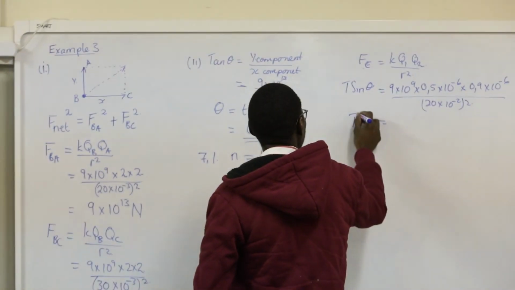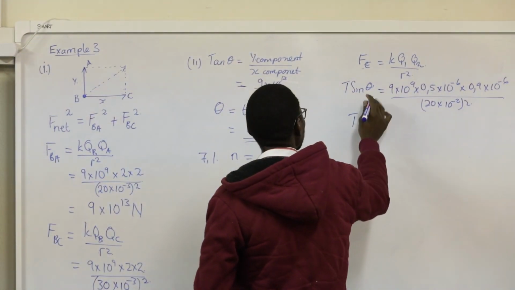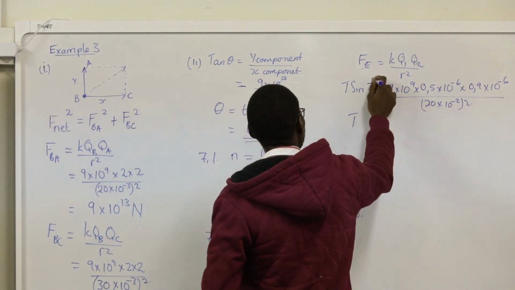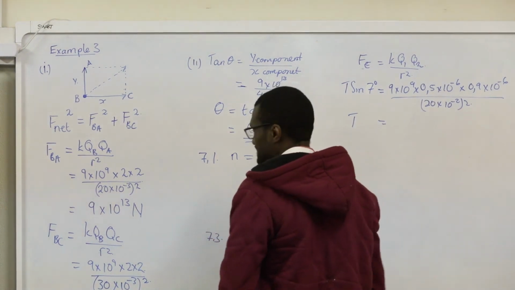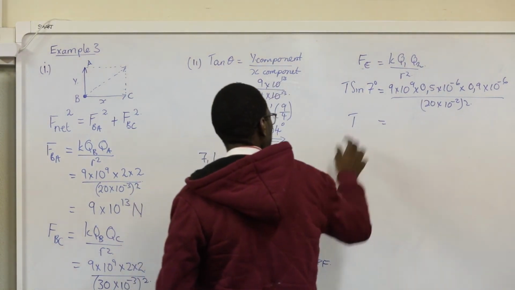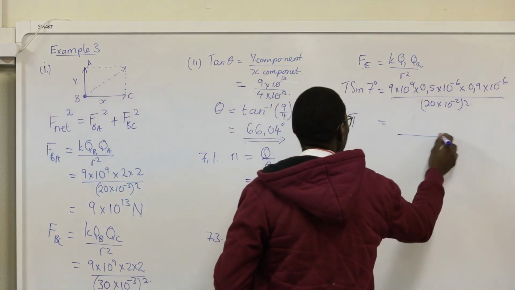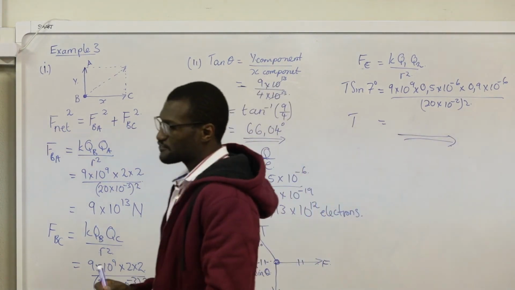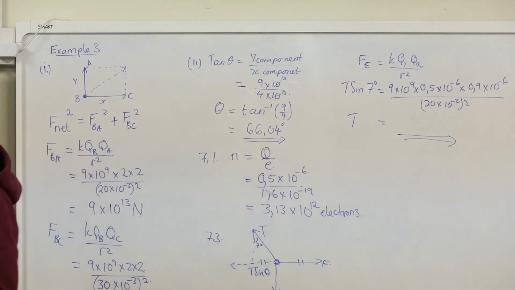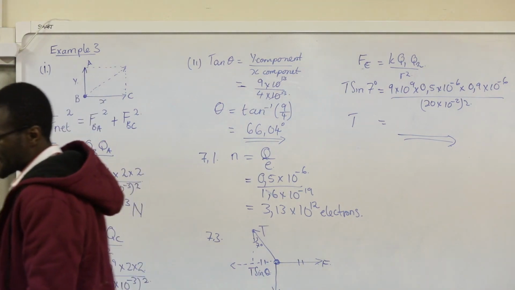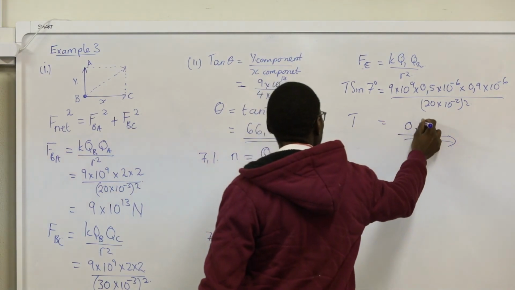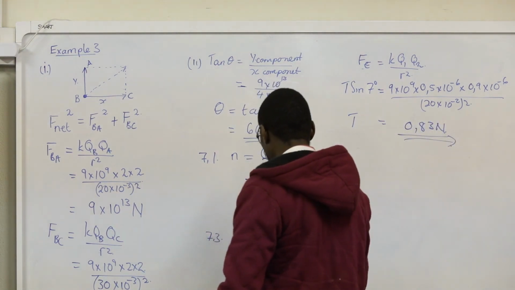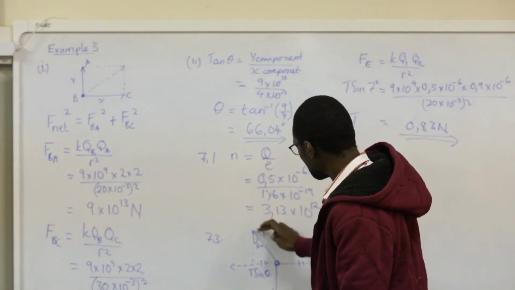So to solve for the value of T, theta which is 7 degrees, I have to divide by sine 7 degrees across. You can solve this equation quickly, finding the value of T, and I am sure you can get the value of T to be equal to 0.83 newtons.